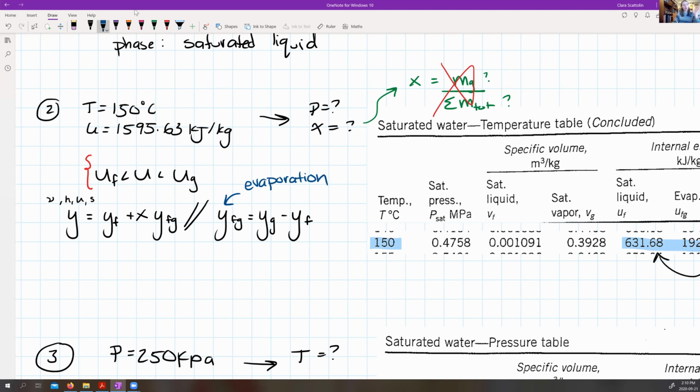If you want to read the equation out loud in words, what you're looking at is the value of the water, plus how much gas you have, times the values for evaporation.